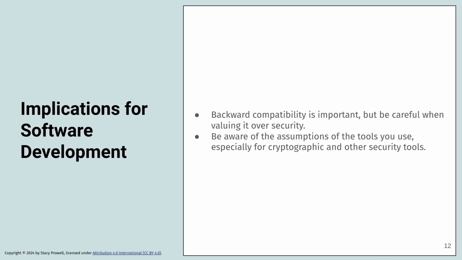So I'm valuing backward compatibility. That's important. My organization has a mission to accomplish, and I need stuff to work. But I have to recognize that what I'm doing is I'm valuing that over enhancing security. And that should always be a short-term type of assessment, right?